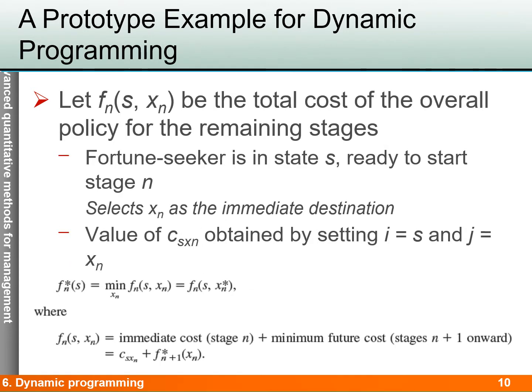In this backward solution from node J to A, we should always formulate our problems this way, not only this problem but also all dynamic programming problems. To this end, we should write a function, for example, fn(s, xn), which is the total cost of the best overall policy for the remaining stages.